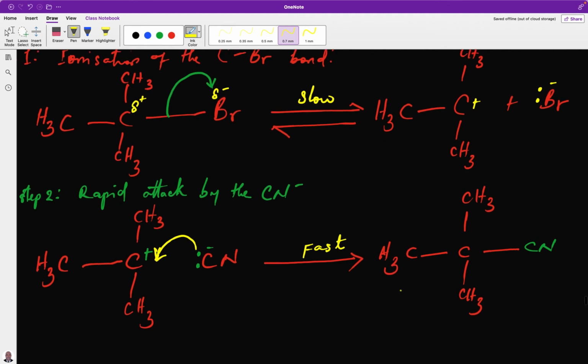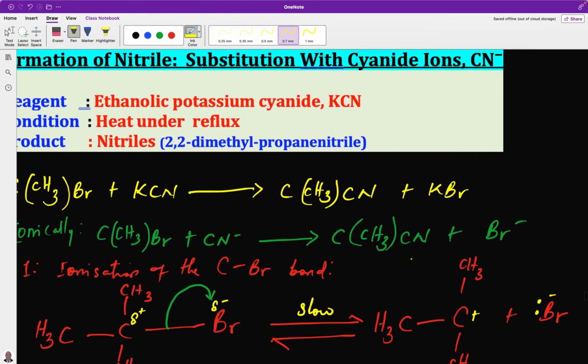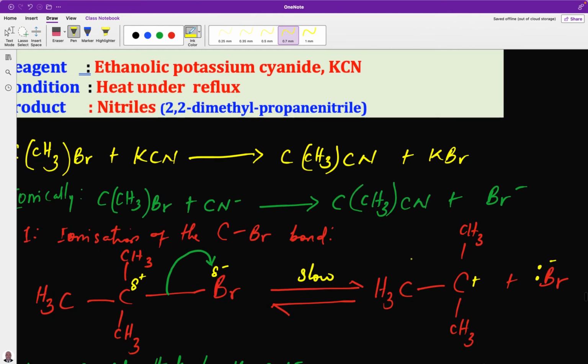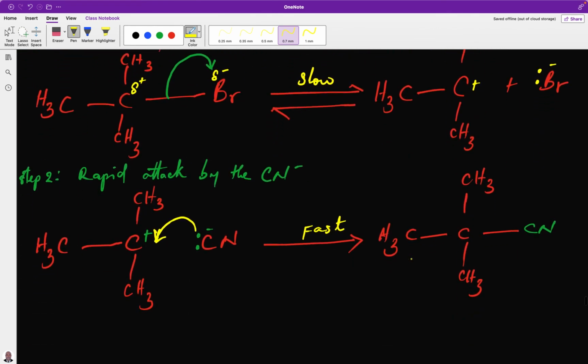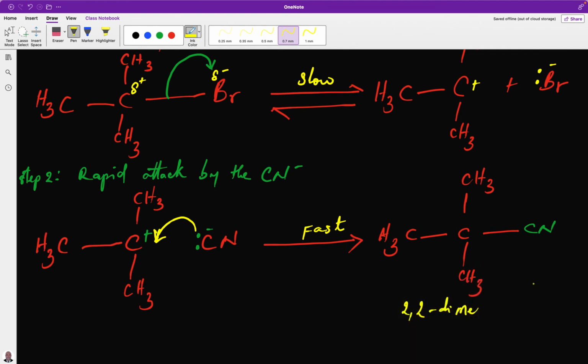And the name of this compound here is 2,2-dimethyl propane nitrile.